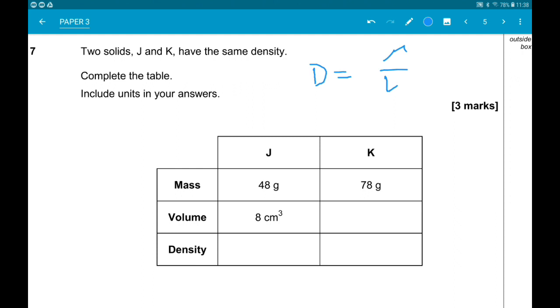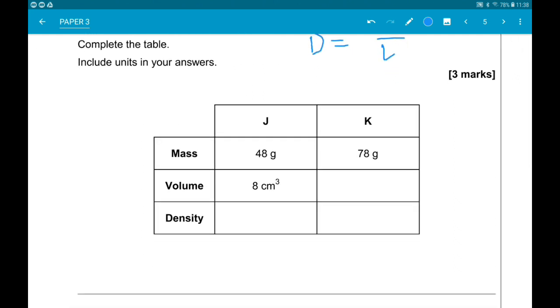So first of all, we can work out the density of J. So that's 48 grams divided by 8 centimeters cubed. Now that gives us 6 grams per centimeter cubed.